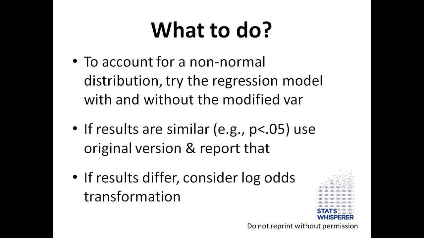So to the second bullet, if the results are similar, as in significance levels, so if age was significantly related to happiness with the outliers removed, and age was related to happiness with the outliers included, I would just keep the original variable, age with the outliers included, and then you might just report in the message: age was not normal, but the statistically significant results were the same with and without the variable being transformed.